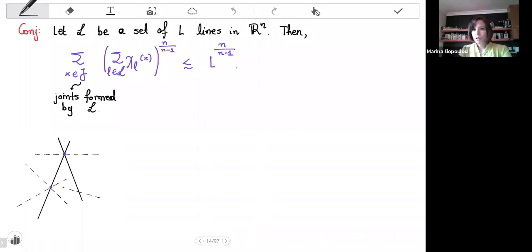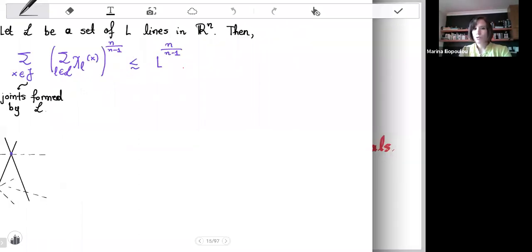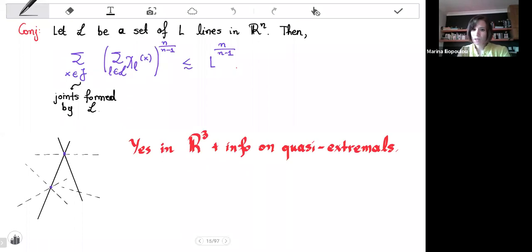What we do with Tony Carbery is that we show that this holds in R3, and we give some information on quasi-extremals, meaning that when the left-hand side is almost equal, or comparable, to the right-hand side, what the joints and lines start to look like. Some structural information about the joints and lines in quasi-extremal configurations.